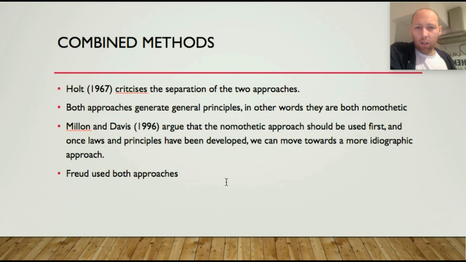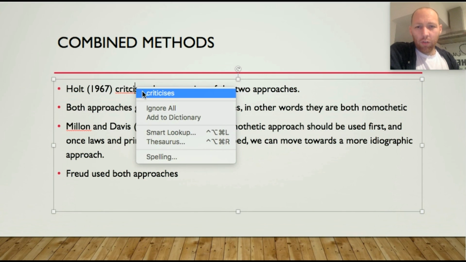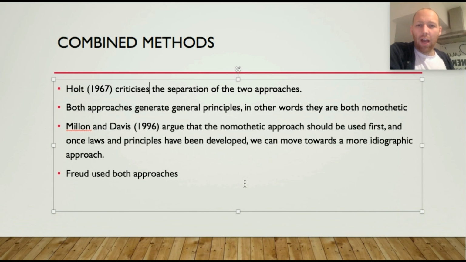So Holt attempts to solve the problem and suggests that actually there is no real separation of the two approaches. Both are nomothetic, essentially, because they both develop general principles of behaviour and try to explain and predict behaviour. Millan and Davis in 1996 argue one solution is to begin with a nomothetic approach and then move towards a more idiographic approach later.